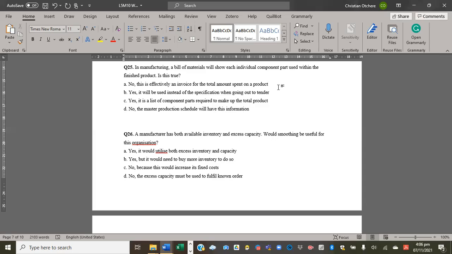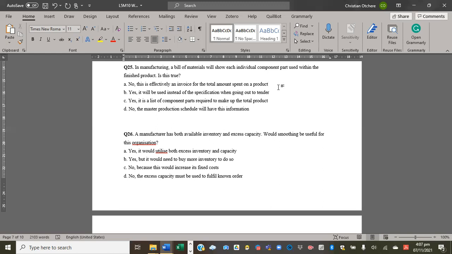So if it is yes, then we have only two options, B and C. So it will be used instead of the specification when going out to tender.